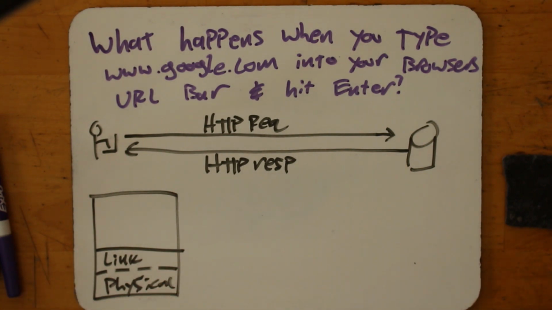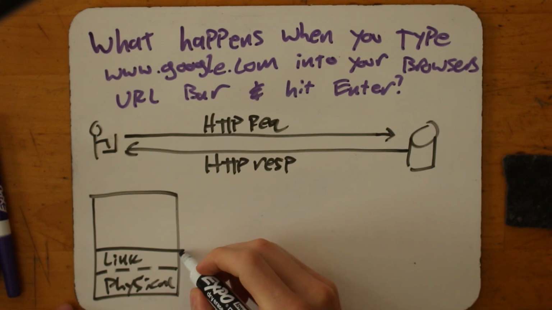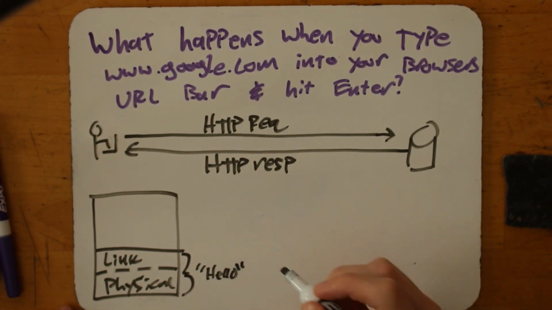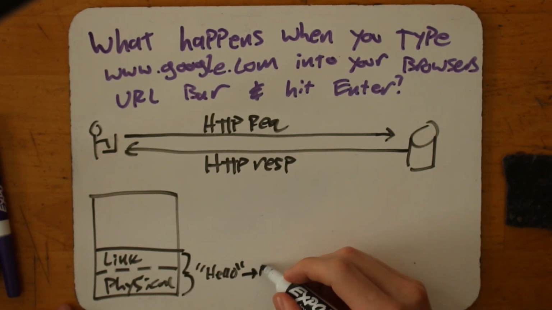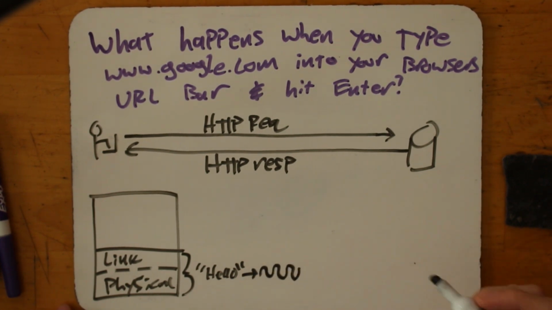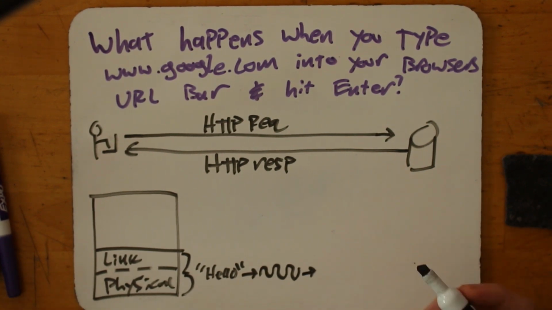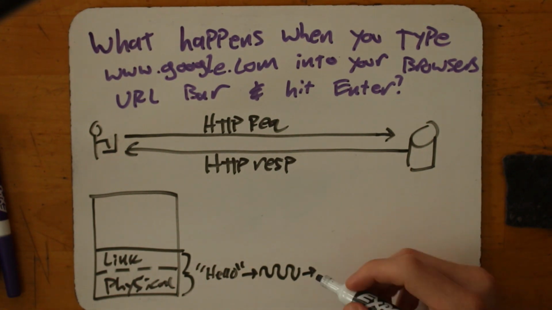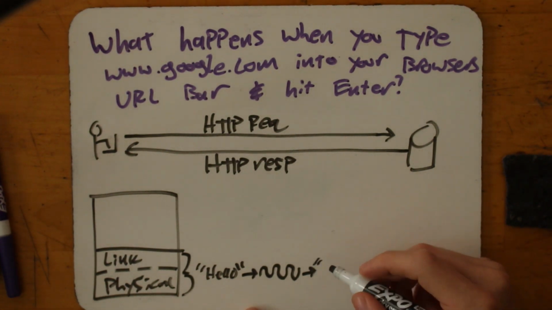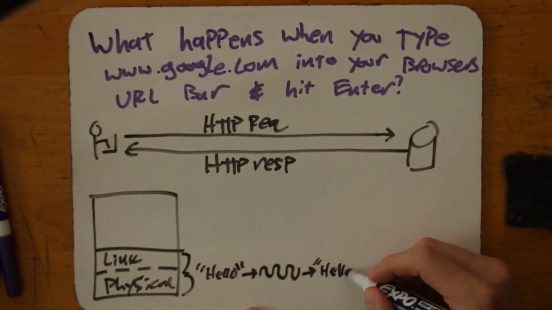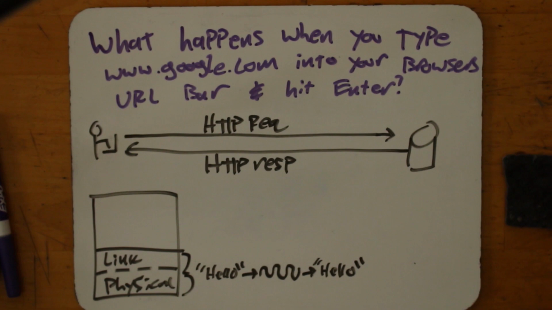And the link layer is about, okay, how do I take a message like hello, turn it into some physical waveform like blasts of electricity or radio waves, and then also how do I, on the other end of that, receive some physical energy, electricity or light or radio waves, and turn that back into the message hello. So we're not going to talk too much about these two layers, although they are fascinating and super cool.